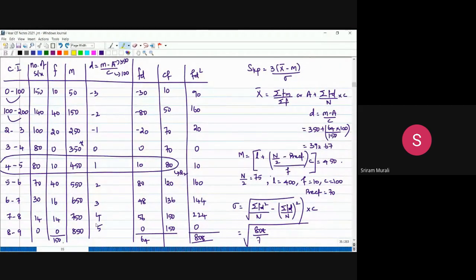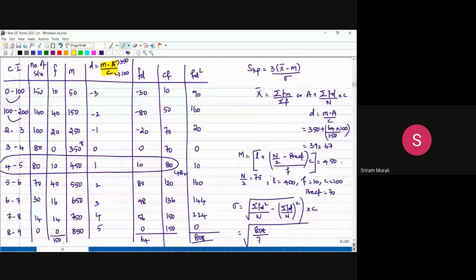When you convert into a single digit, what happens? How to convert? Take the formula d equals (m minus A) by c. So what is A? 350. In the mid values, you can take any value as A. That is why it is called the assumed mean. C is 100 because the length of the class interval is 100.